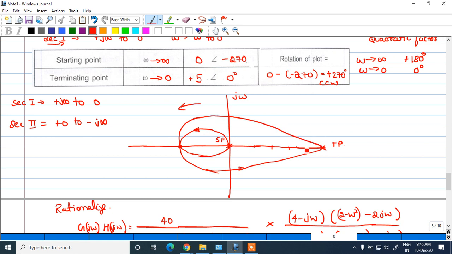Okay, so this will be the starting point. The direction is as follows. Okay, and this Q point is minus 0.76.